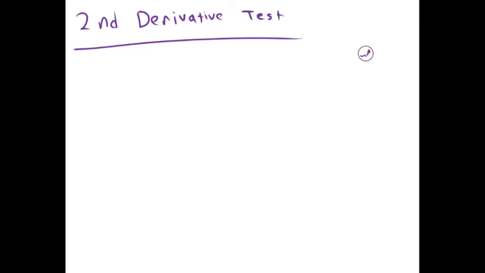We also have a second derivative test. If f prime of c equals 0 and f double prime of c is less than 0, we have a local maximum.